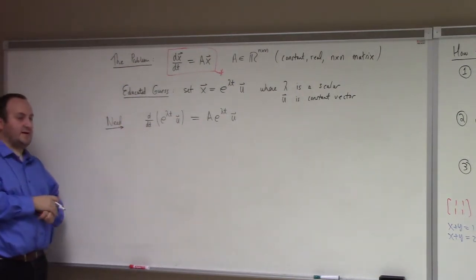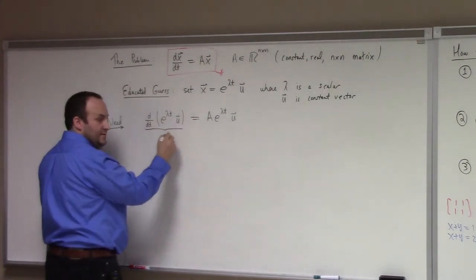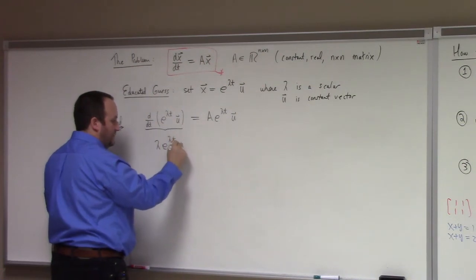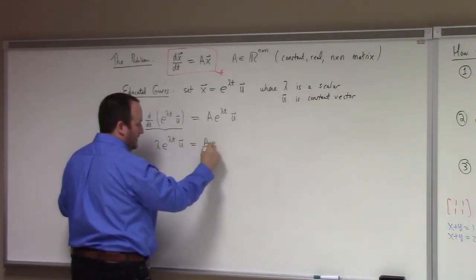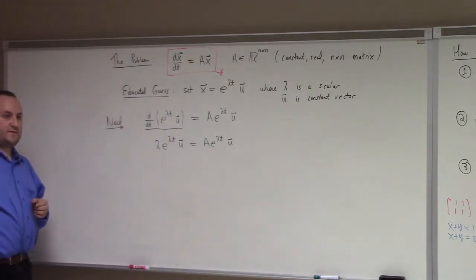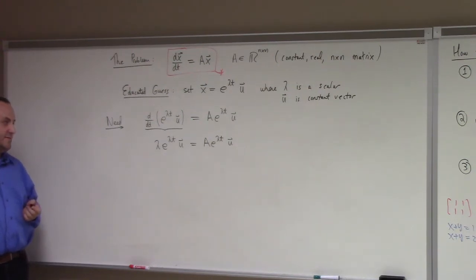Okay, so let's work on this. There's nothing much I can do to the right-hand side. But the left-hand side, I can differentiate. This gives me λ e^(λt) u equals A e^(λt) u. Notice that the differentiation of the constant vector is kind of boring. You just pull that out of the derivative. And the derivative of e^(λt), well, we know that's λ e^(λt).